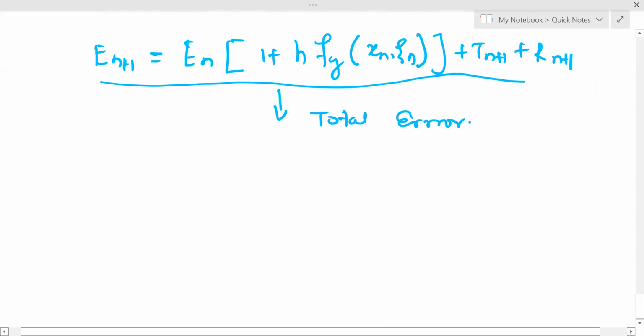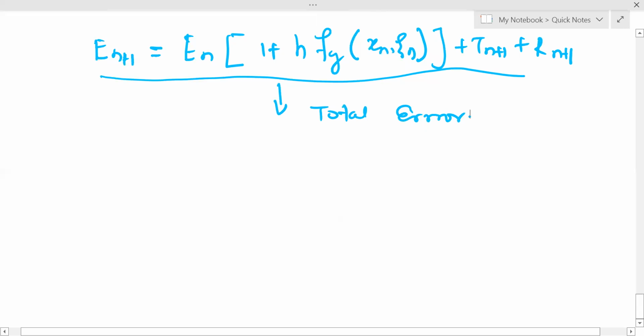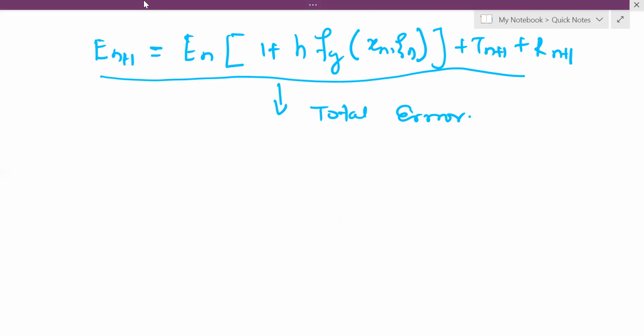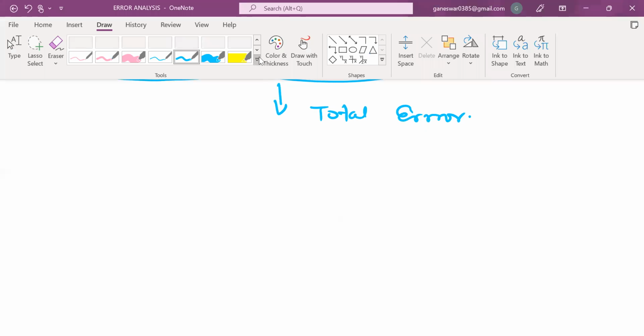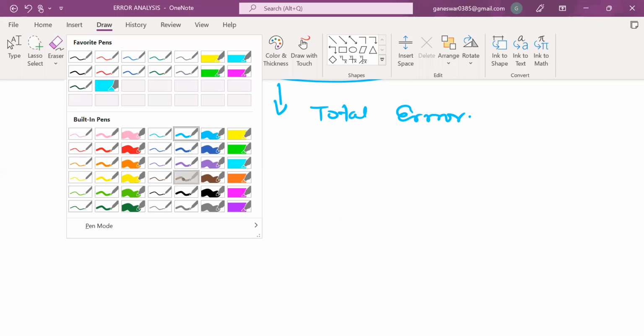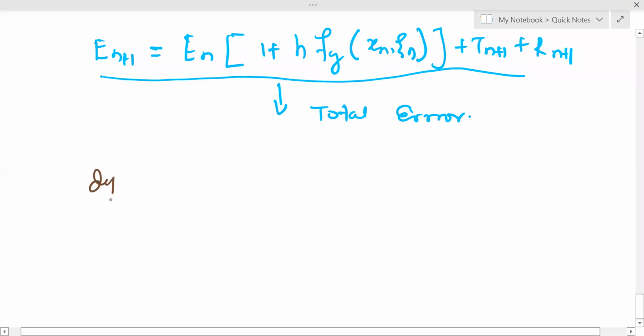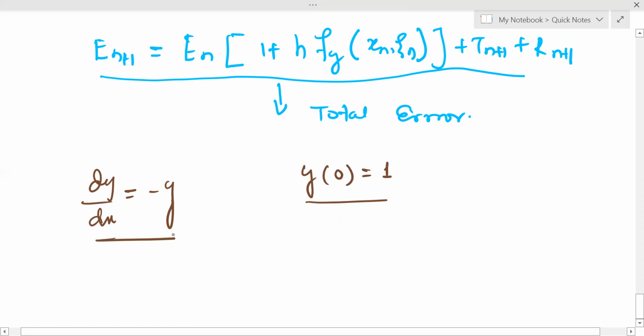Now this is the general process for the error calculation of Euler's method. Now to our solution part. The problem is dy by dx equal to minus y, given that y of 0 is equal to 1.